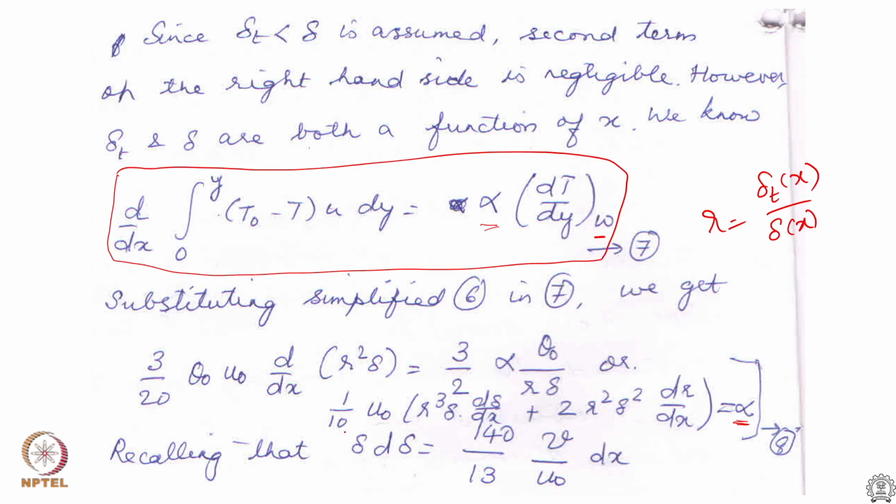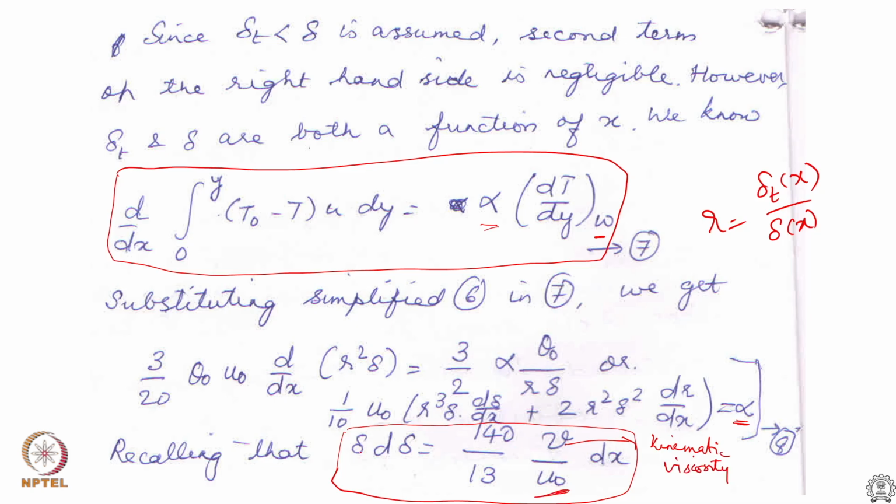So, making use of this, we know from the velocity boundary layer discussions you may have had in the past, that delta times d delta is equal to 140 by 13 nu, the kinematic viscosity, divided by the free stream velocity. This is something you would have derived in the past.